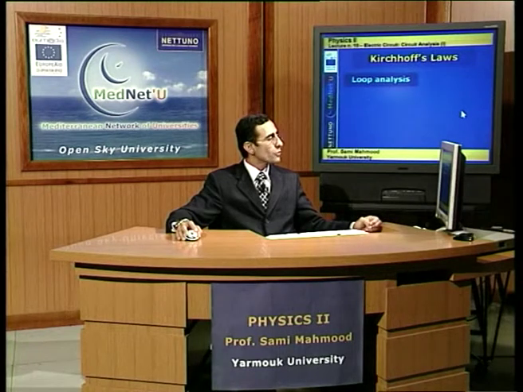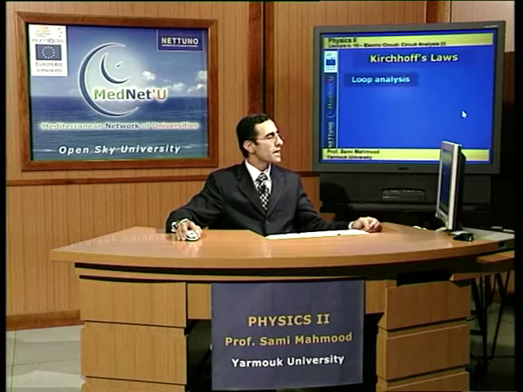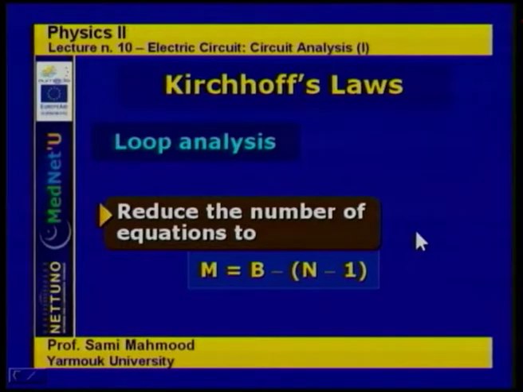The second approach is the loop analysis, and this loop analysis simplifies the analysis because instead of having the full number of equations, which is B, we reduce the number of equations and we only deal with the number of loops using only Kirchhoff's second law.